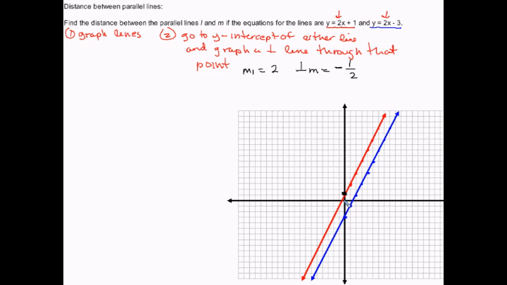So I'm going to go down 1 and over 2. Down 1 over 2, down 1 over 2, etc. And then I'm going to graph that line.